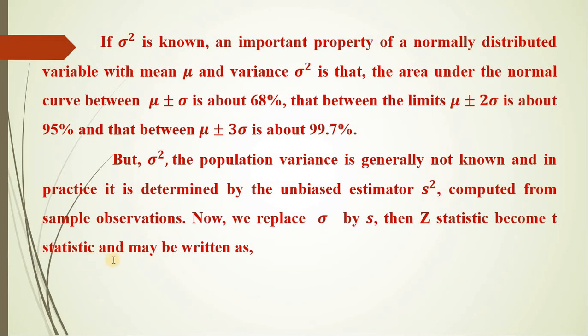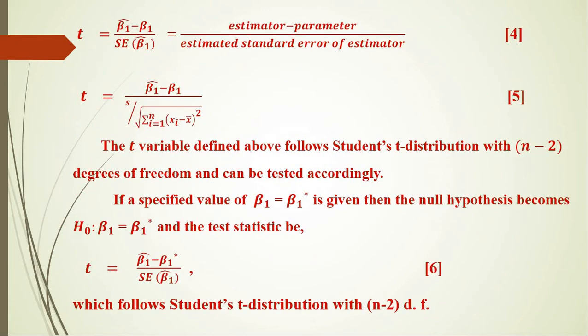If you replace sigma by small s, that is the sampling variance, then Z becomes the T statistic and it can be written like this: T equals beta 1 cap minus beta 1 divided by standard error of beta 1 cap, where in the denominator sigma is replaced by small s. So the T variable defined above follows student T distribution with n minus 2 degrees of freedom, and then we can test this T statistic accordingly.